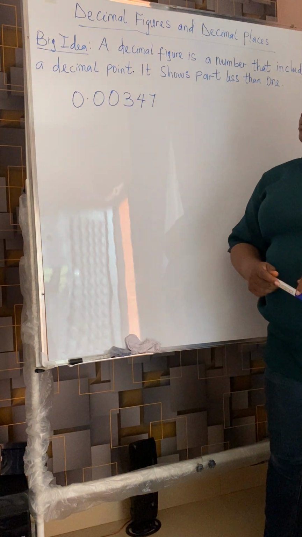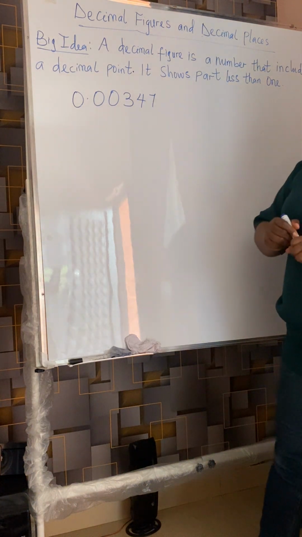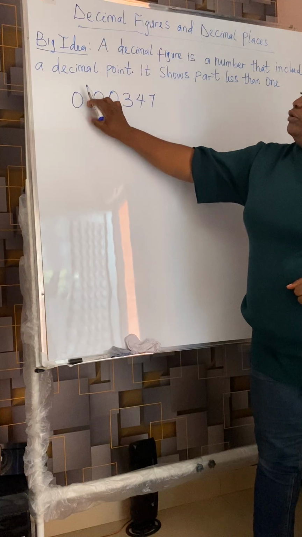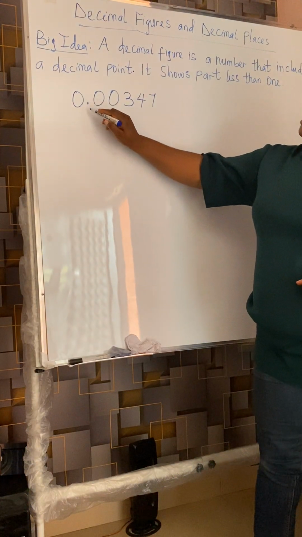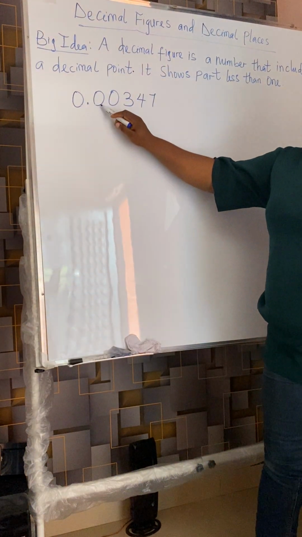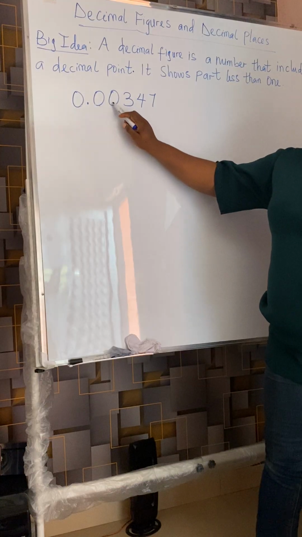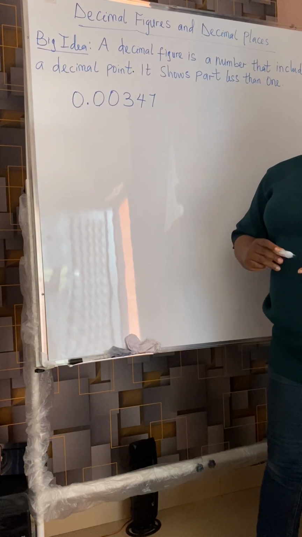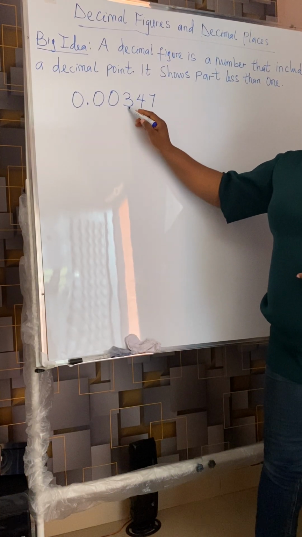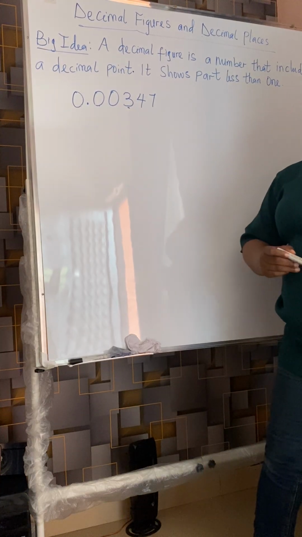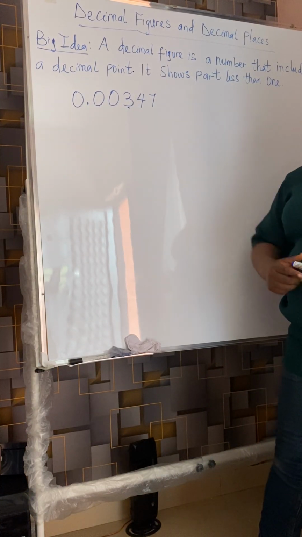At a glance, you can see that immediately after the decimal point is a 0, and after the 0 is another 0. The first non-zero is actually at the third position here. That's where we have the first non-zero.